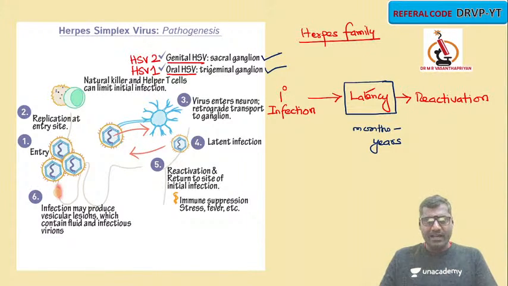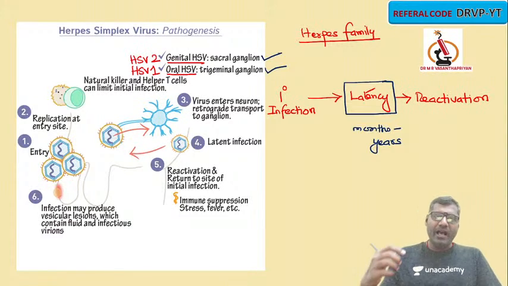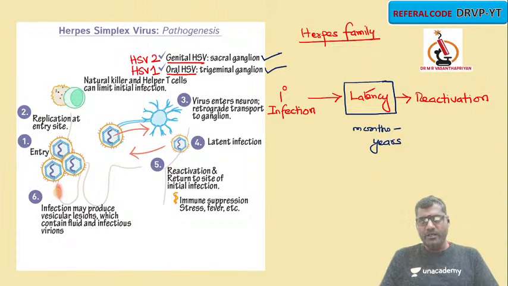During reactivation of HSV1, it may develop again as an oral lesion. We call it a cold sore, which is a painful blister formation mainly on the face. Coming to HSV2, it reactivates from the sacral ganglion, depending on immunity as well as the stimulus from outside, into painful genital ulcers or genital lesions.